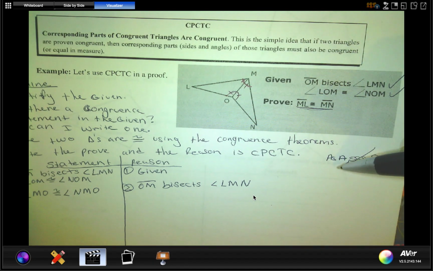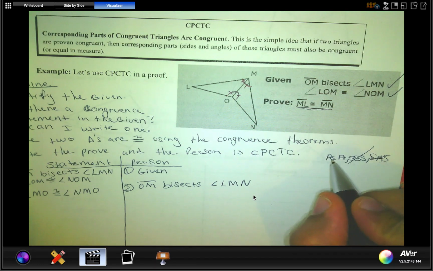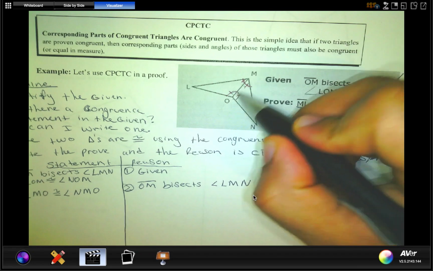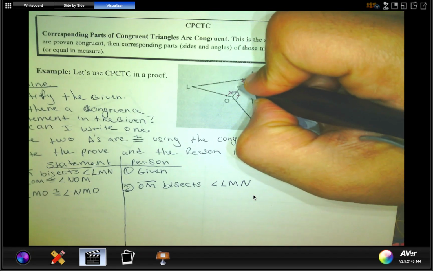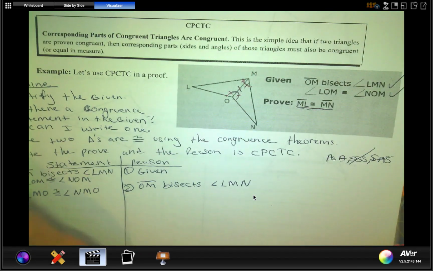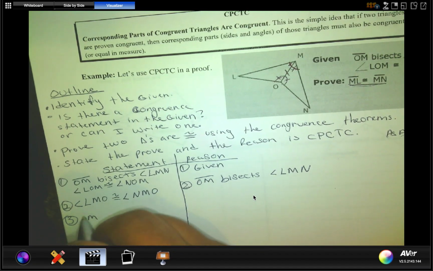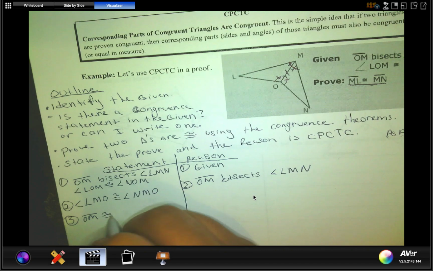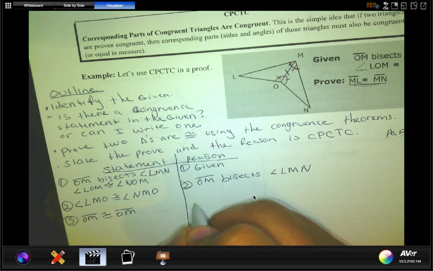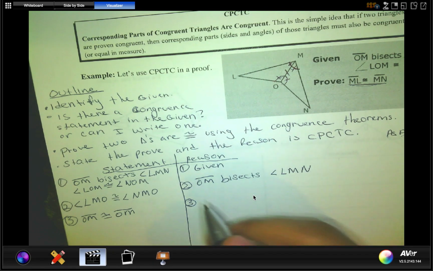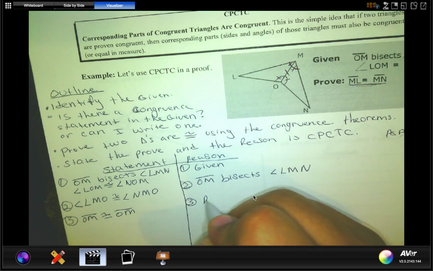So it's going to be angle, side, angle. But where is the side? Simple. The side has to be in between the 2 angles. So here are the 2 angles, and the side is in between them. Well, OM is congruent to OM, and we know why. It's congruent to OM because this is a reflection. Therefore, we have to use the reflexive property.